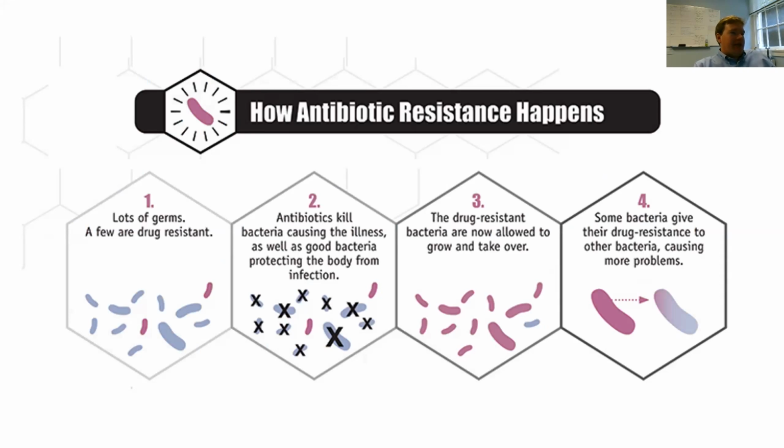So how antibiotic resistance happens, again, I think this is pretty basic microbiology, but you've got lots of germs. Imagine your patient's colon, trillions of bacteria. Antibiotics kill the bacteria, so you put them on a broad spectrum antibiotic, and all these bacteria die. And who's left? Just these purple resistant guys, and then they expand in your patient's GI tract.